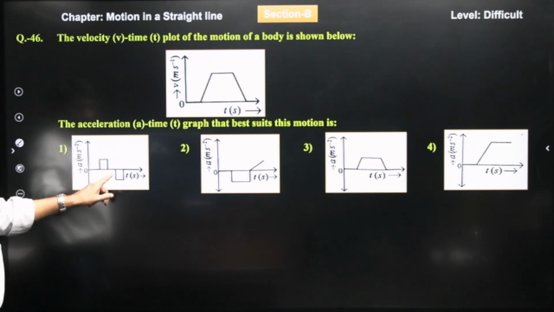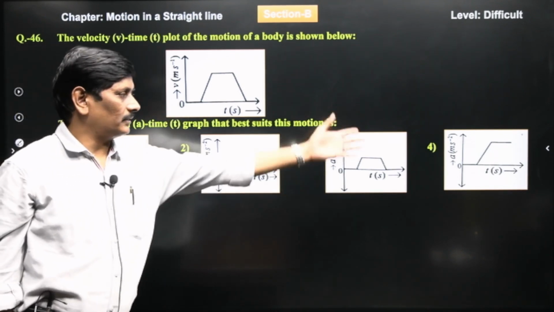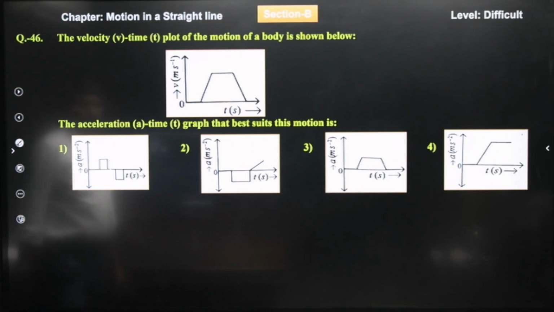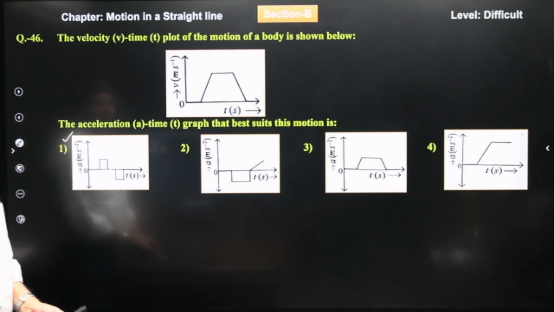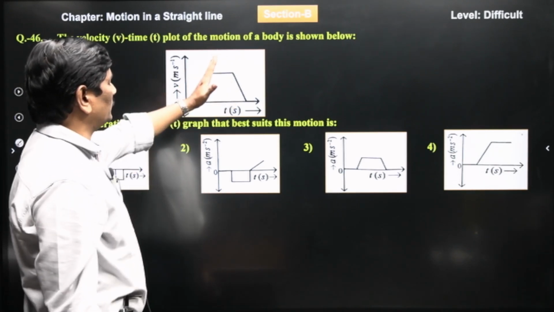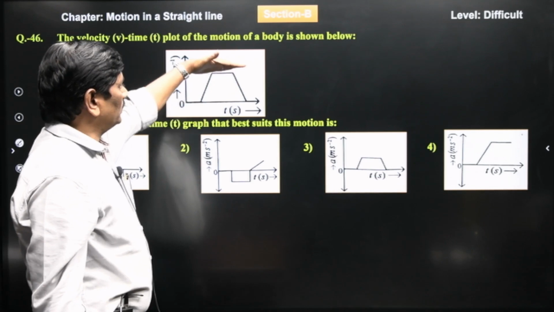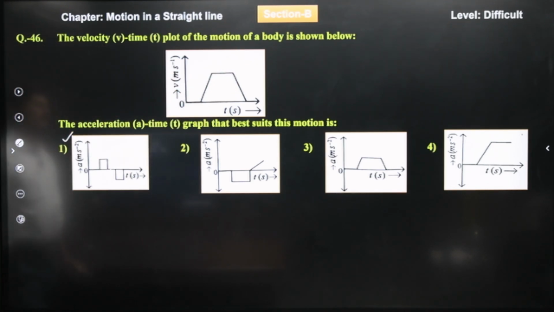Positive, 0, negative. The options are different, so the possibility is only this one. Straight line means constant slope: positive constant slope, negative constant slope and 0 slope. So easily you can identify.